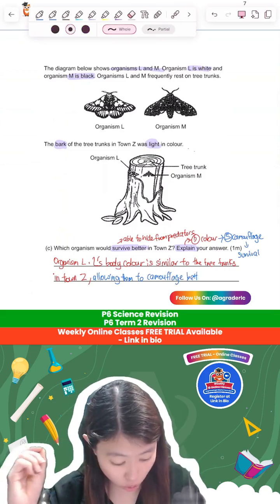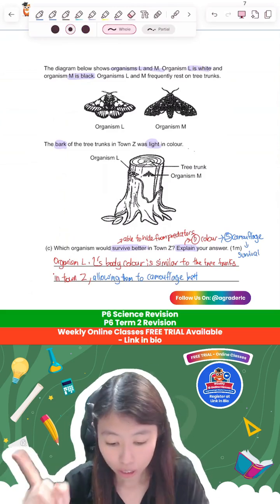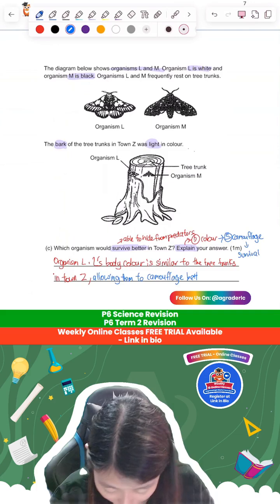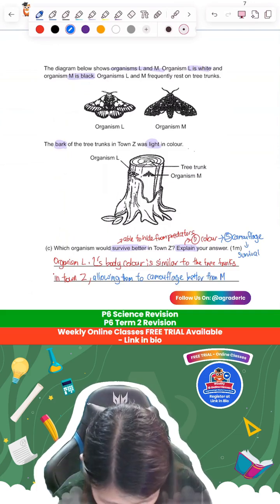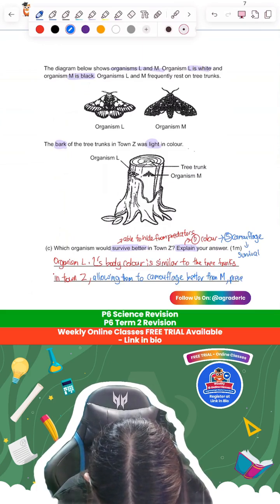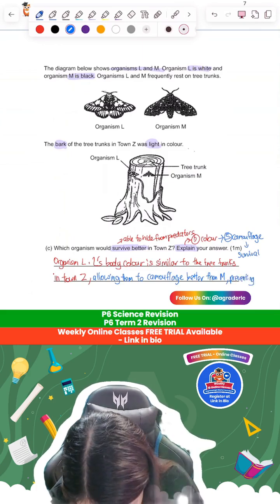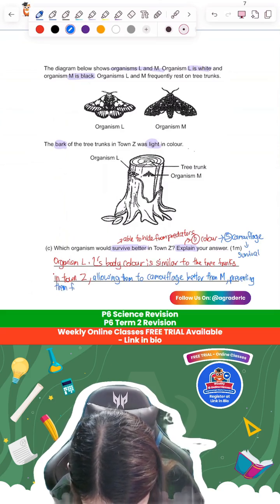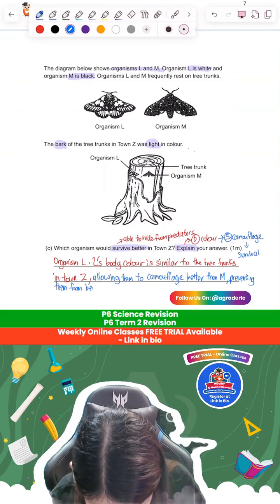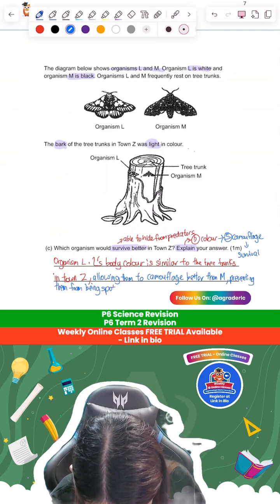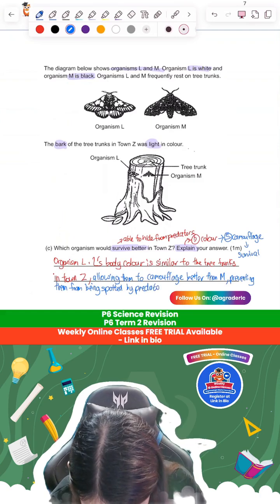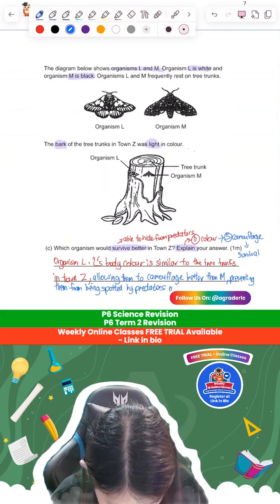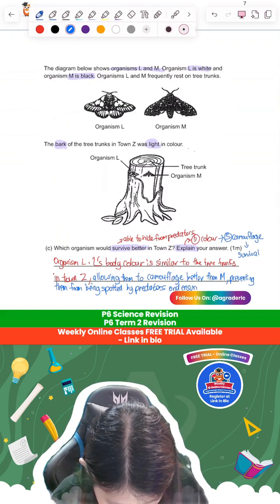When you choose one over the other, you must compare. Better than M, preventing them from being spotted by predators and ensuring a higher chance of survival.